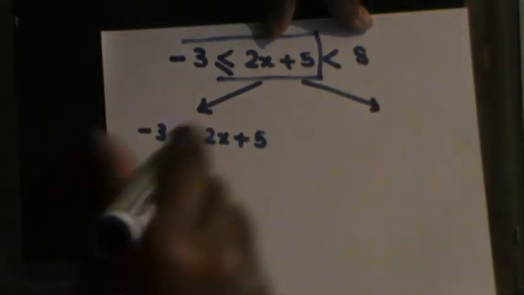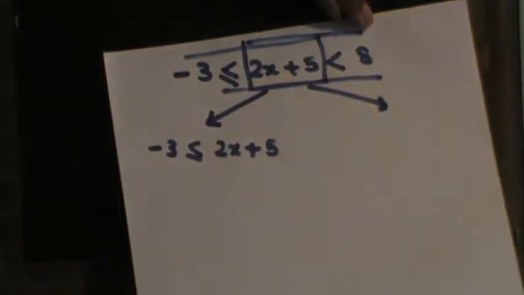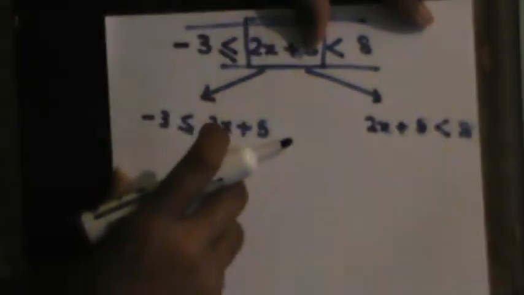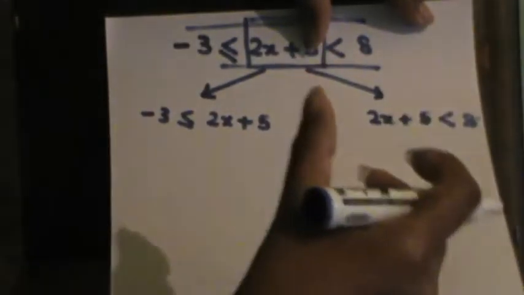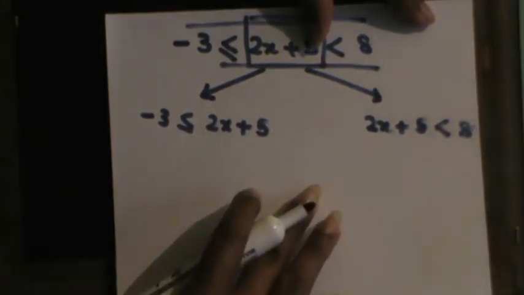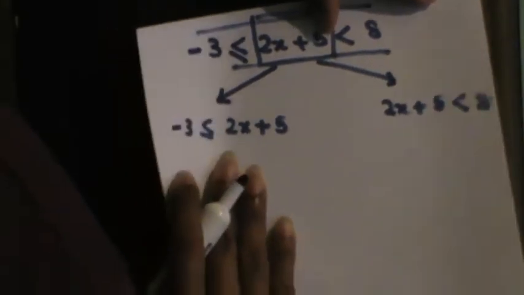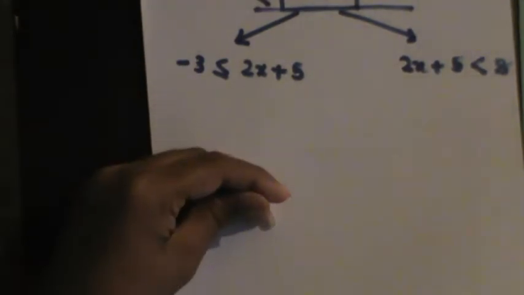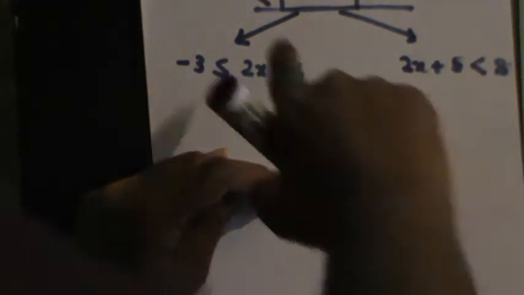And my second part will be 2x plus 5 is less than 8. Now I have two inequalities. I need to solve for those, and I have to take the common range, as I mentioned in my previous videos. But before finding the common range, I have to solve these two inequalities.